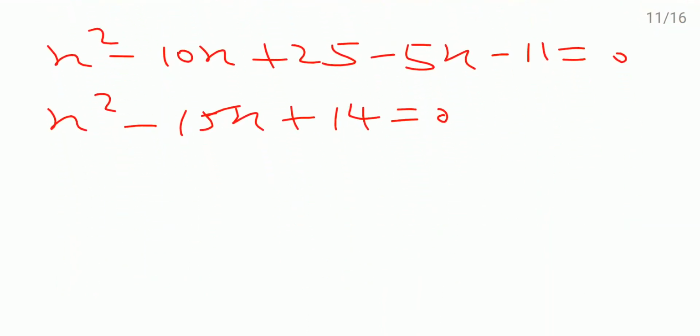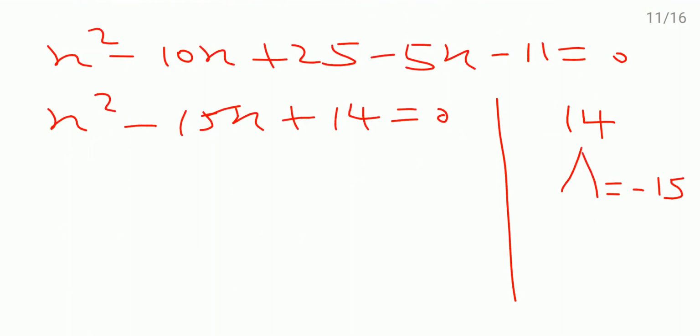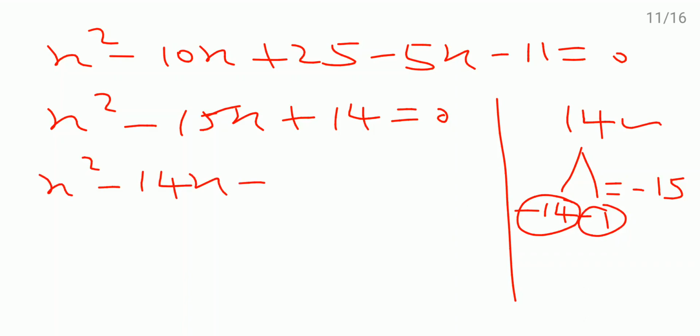Now we'll just split the middle term. See, we need the product supposed to be 14 and sum supposed to be minus 15. So two numbers, minus 14 and minus 1, that is minus 15, and the product of these two numbers comes as plus 14, correct?